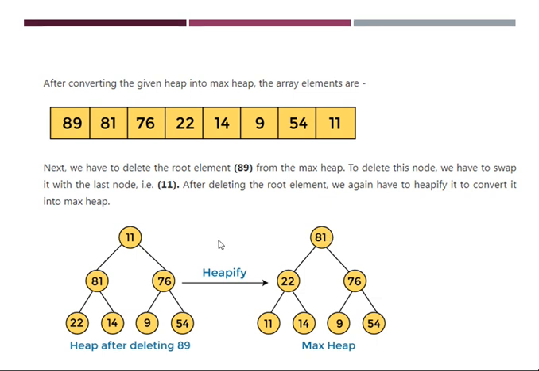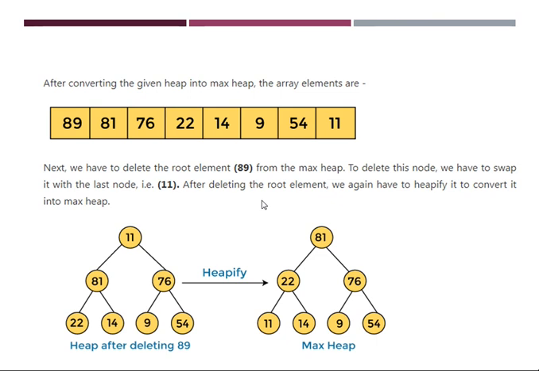To delete this node, we have to swap it with the last node. This is what we have seen in the remove heap function last time when we were dealing with the heap.